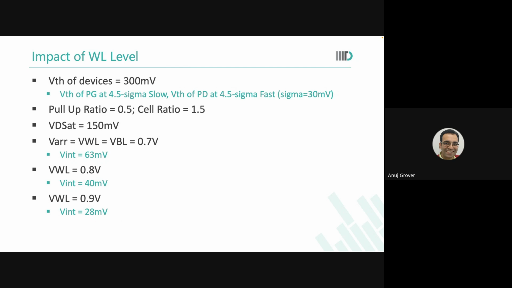During the read or stability part, what did we say? That at 0.7, if I need to improve the stability, I need to take the word line to 0.5. Remember? Now I'm taking the word line to 0.9 instead. What would happen? You have the equation with you. Just do the analysis.